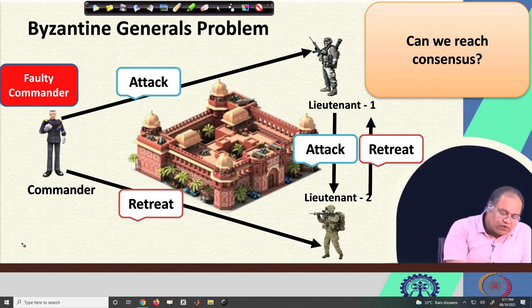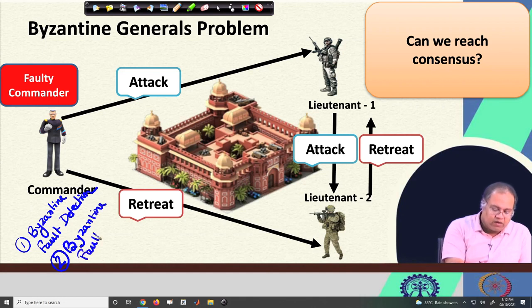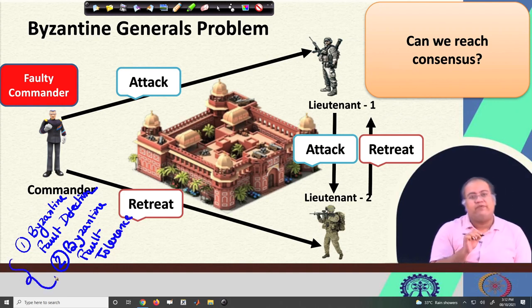One notion we call Byzantine fault detection, and the second notion is Byzantine fault tolerance. Now, these two notions are actually different.